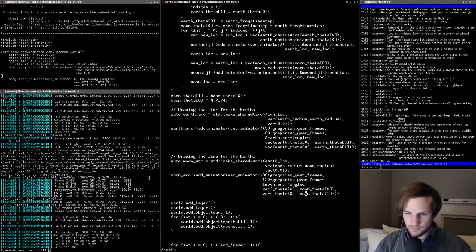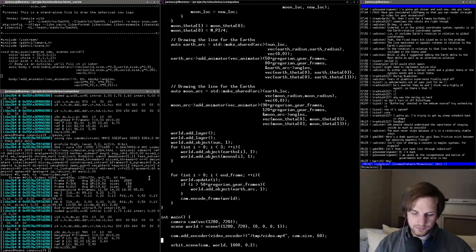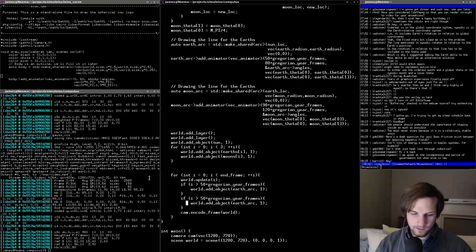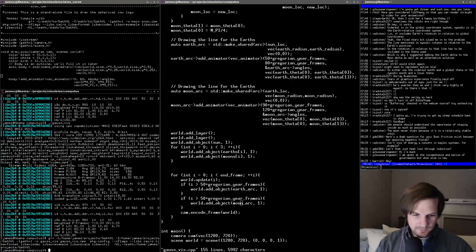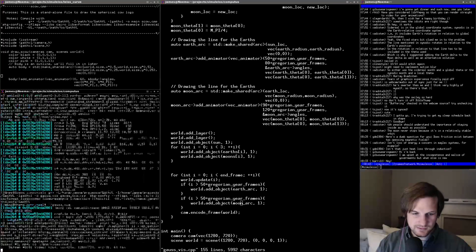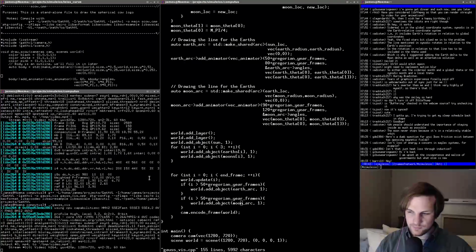Here, there, and there. Write that. And now let's update the world here. So we'll do yank 3 yank. Paste it down here. And we'll do world.add object, and this will be the moon arc. Write this, go to G++ Gauss visualization. And right, we'll just see what happens.